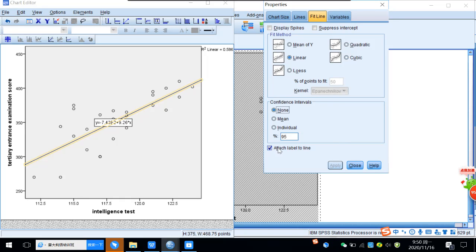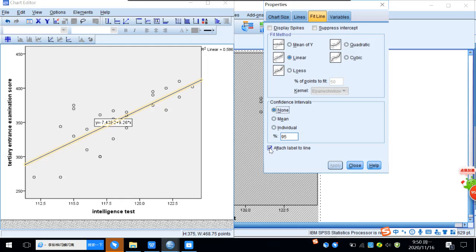Yeah, if you don't want to attach label to line, then you can look here. You can cancel attach label to line, then this label will be cancelled. If you want to attach the regression here, then you can select the attach label to line.